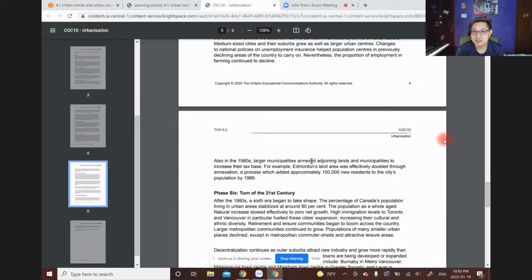So basically, for example, say before, Edmonton wasn't Canadian land, but by that time Edmonton was annexed, so it became a piece of Canada. So after one night, the people of Edmonton became Canadians immediately.